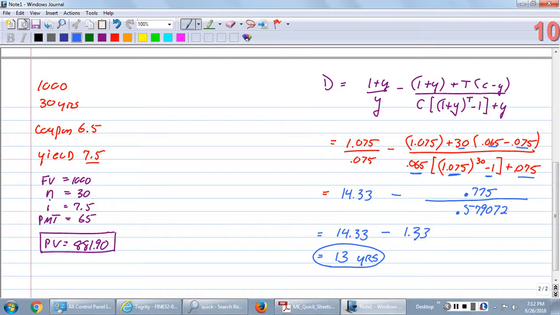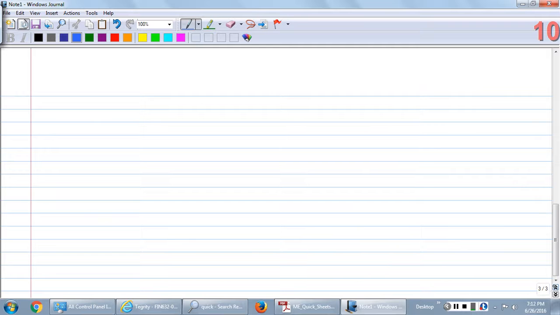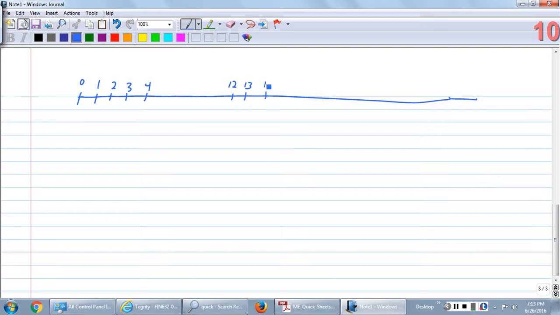Now, a real interesting thing happens with duration. We've just determined the duration of this bond is 13 years. So I'm going to draw a long timeline here. 1, 2, 3, 4. I'm not going to write them all out. 12, 13. All the way out here, 14, 29, 30. Here's our timeline for this bond.